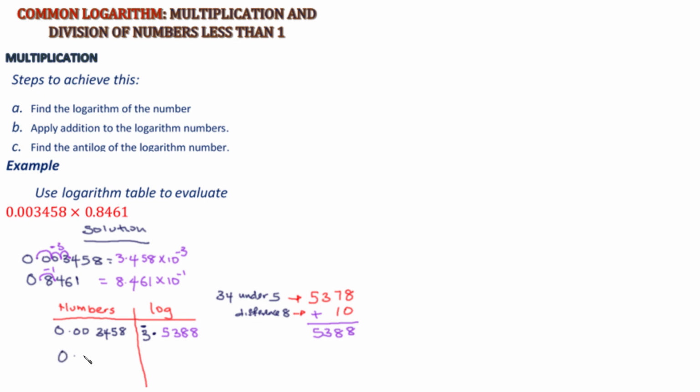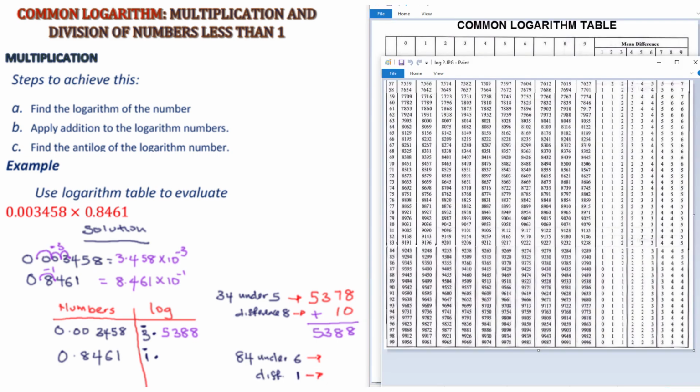Now let's pick the second number, 0.8461. What is the integer for this? That's minus 1, bar 1 point. Let's check the logarithm of 84 under 6, difference of 1. This is 84 under 6. The value of 84 under 6 is 9274.